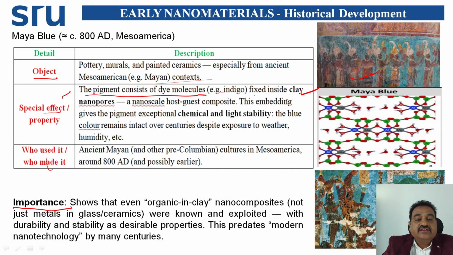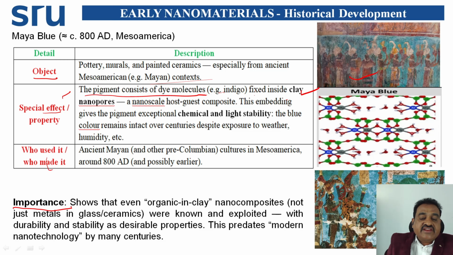Try to understand here. It shows that even organic-in-clay nanocomposites, not just metals in glass or ceramics, were known and exploited, with durability and stability as desirable properties. This predates modern nanotechnology by many centuries.